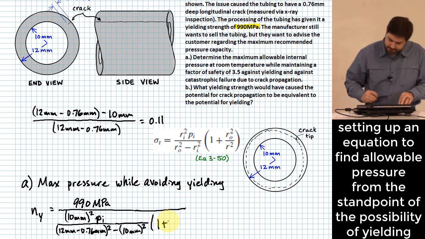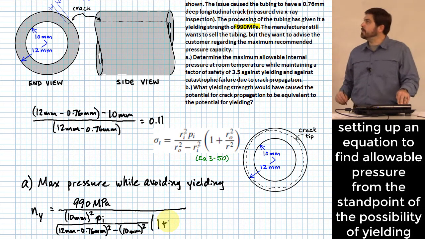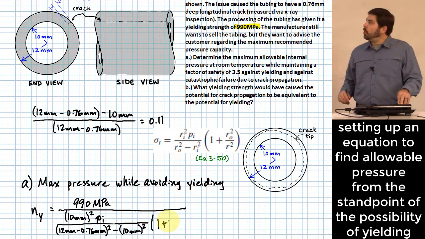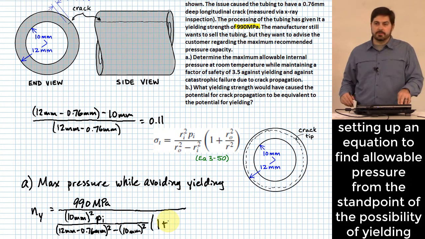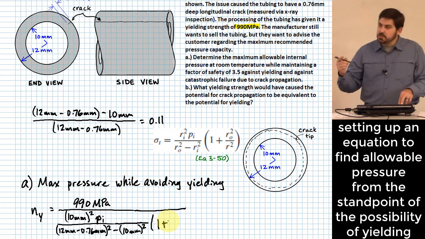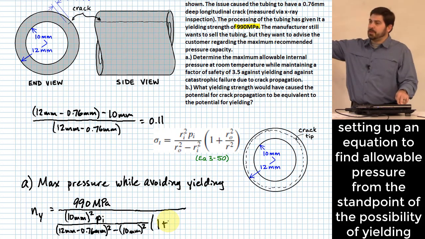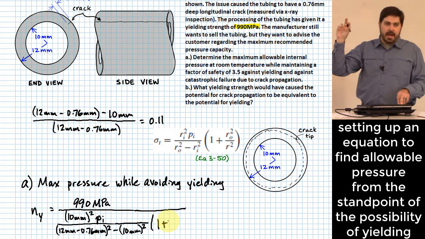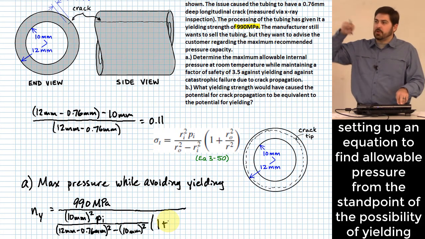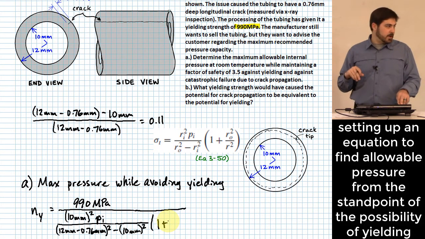1 plus, okay, Ro over R. What do I do with that R? Okay, someone says use Ro. Okay, and instead of maybe the Ro of 12 millimeters, what we're really talking about is the new Ro that we're talking about out to the kind of radius of where the crack tip ends, right?